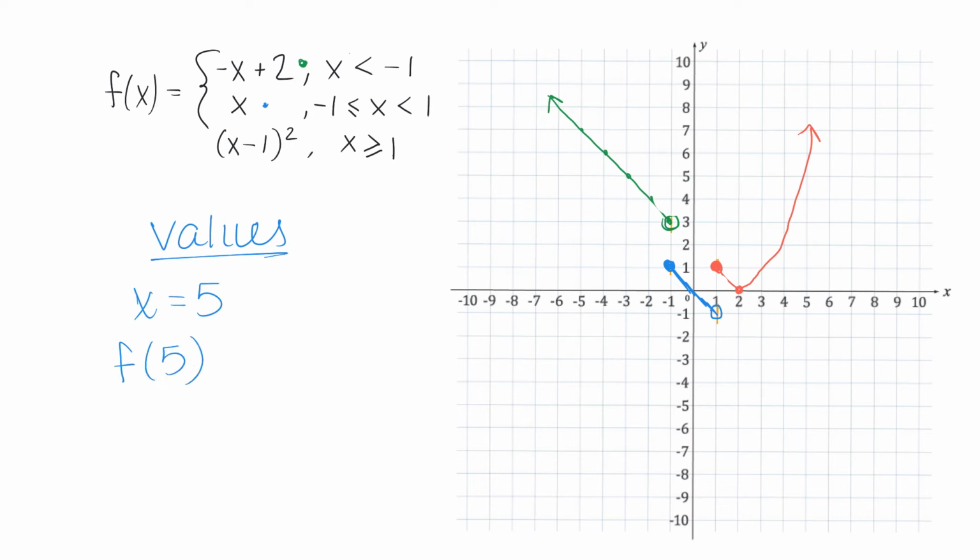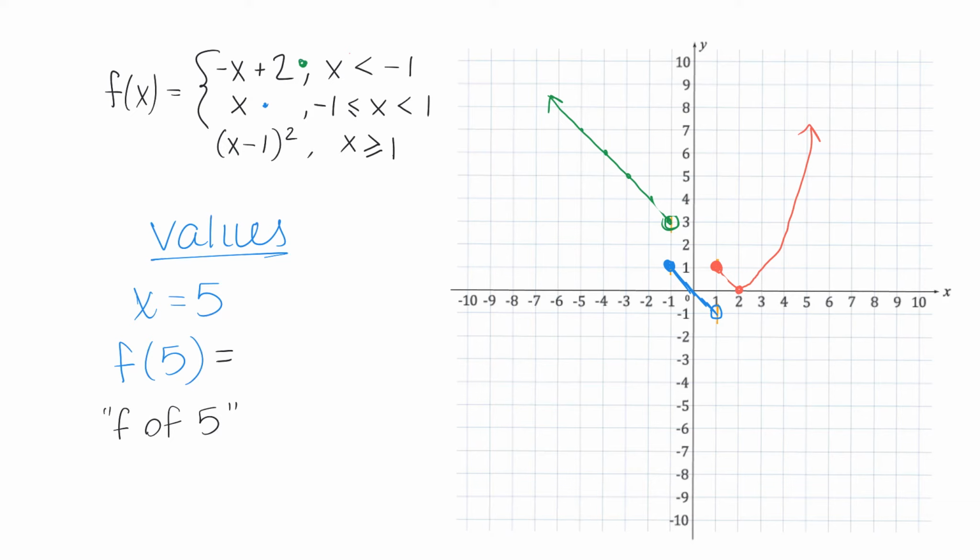Because remember, my function was f of x. Well, now I'm telling you that x is 5, so I'm going to replace the x with a 5. So f of 5. That's how we pronounce that. And that means I'm going to replace all of my x's with 5.